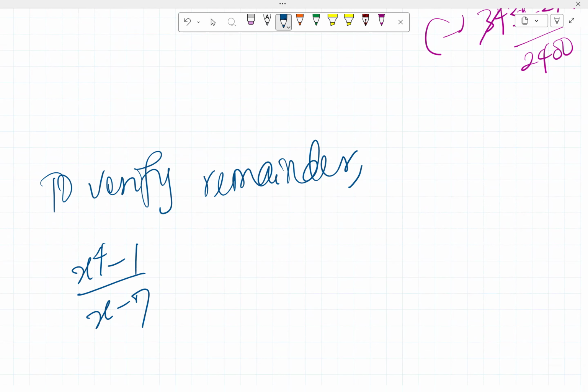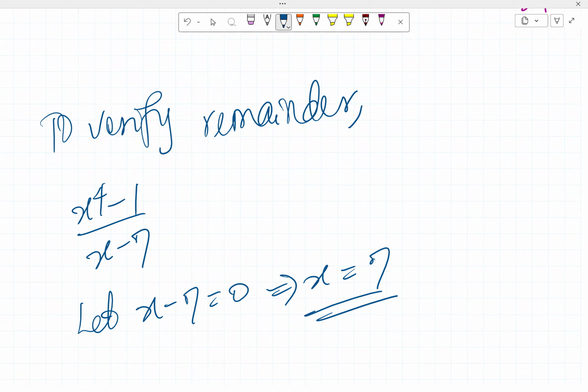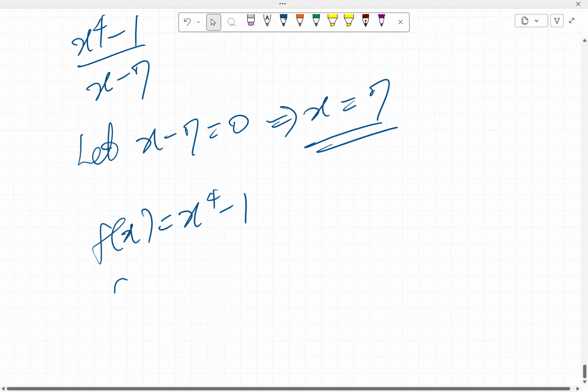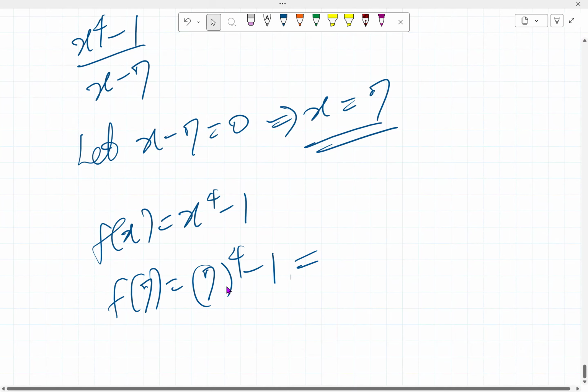So what we are going to do is let x minus 7 be equal to 0, which implies that x is equal to 7. So we now substitute 7 into that expression. If f of x is x raised to power 4 minus 1, then f of 7 is equal to 7 raised to power 4 minus 1. Okay, and that's where the deal is. 7 raised to power 4 is 49 times 49.